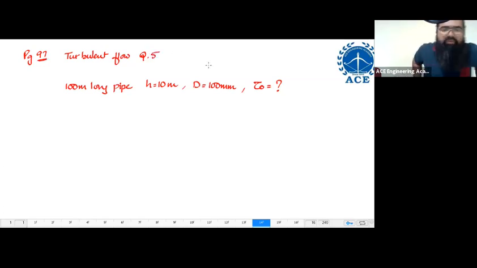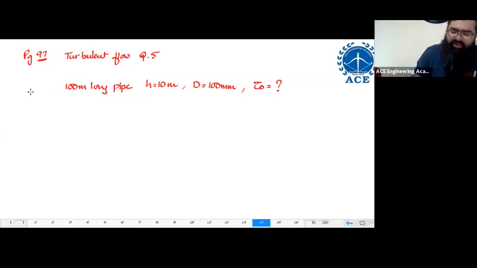This is question number 5. Yeah, 0.1 kilometer is 100 meters. Page 91 in some books. Turbulent flow chapter questions.